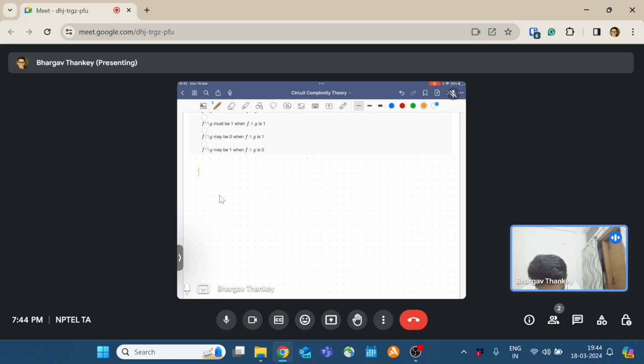Okay, so here's how F join G is constructed. If F and G is this, from this we write this as OR over i or j. Let me call this step 1.